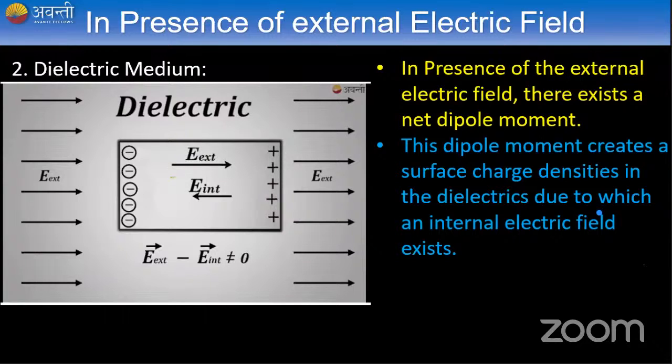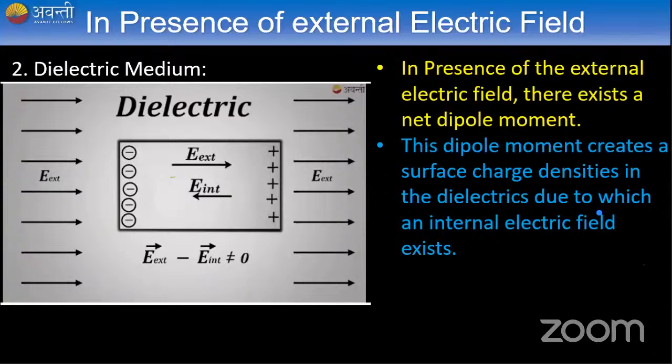So guys, is my net electric field going to be zero? No. Why not?